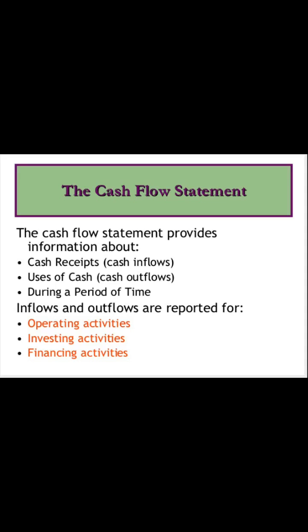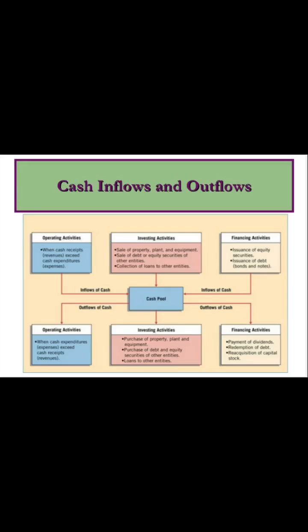And all this cash inflow and outflow comes under three activities: operating activity, investing activity, and financing activity. We will discuss these activities individually in detail. Now, let us see how all these activities affect the cash pool of the firm.